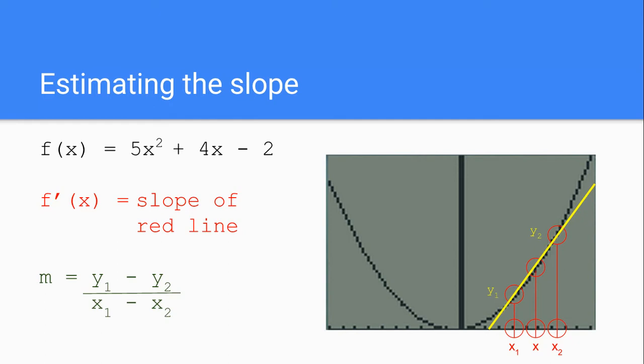Then we get the slope between those two points, not the center point, the slope between the two points on either side, and then we get an estimate of the derivative. But as you can see, it's not exact, it's slightly off.